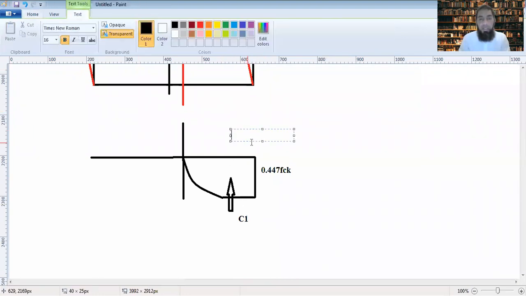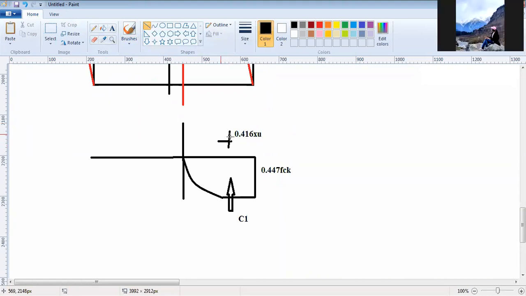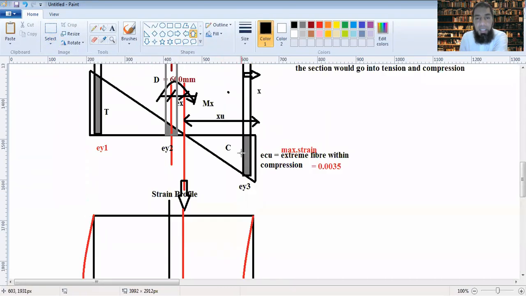Now why does C1 act? It acts at 0.416 XU, as we have already calculated in the flexural, when we were checking the flexural there. If you remember, it was D minus 0.416 XU, the moment equation. So then you also have C acting right here below this.